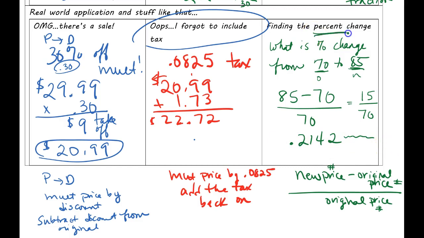It wants the percent change, not the decimal change. So how do I turn a percent into a decimal? Well, I move my decimal twice to, which way? Actually, we're going decimal to percent.